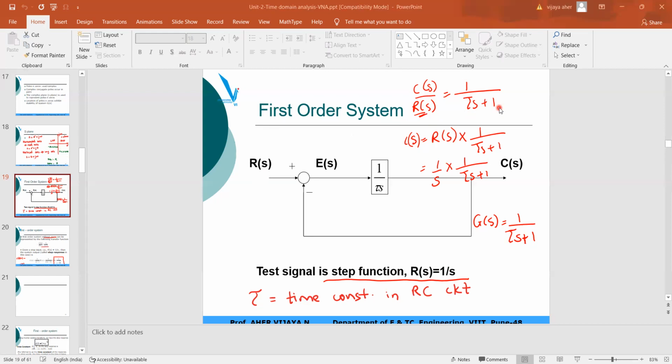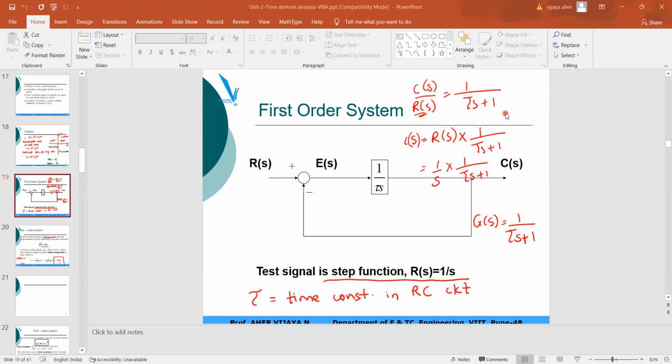So you can derive this equation by the standard equation. What is the transfer function equation? G of S divided by 1 plus G of S into 1.